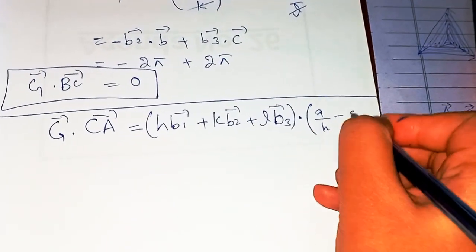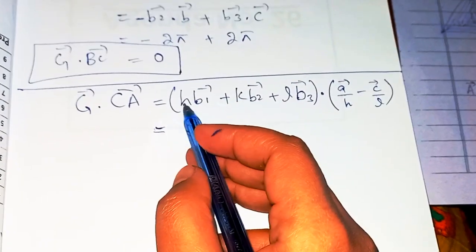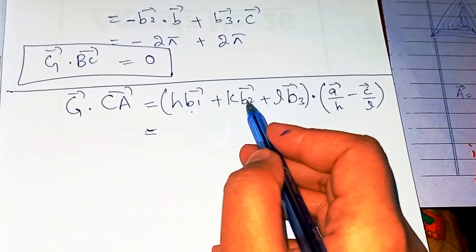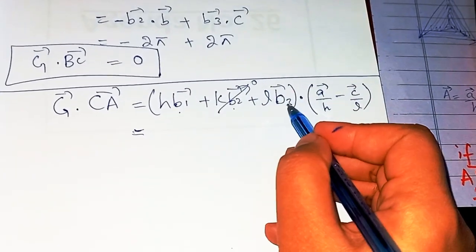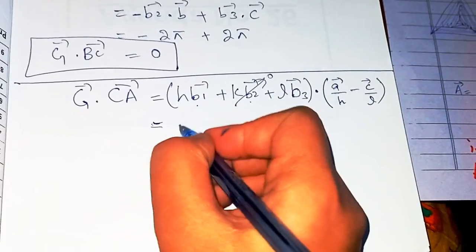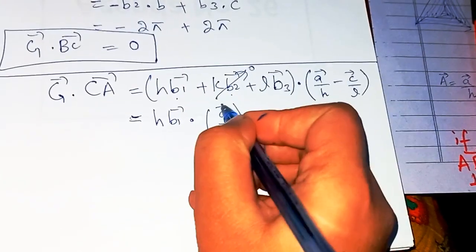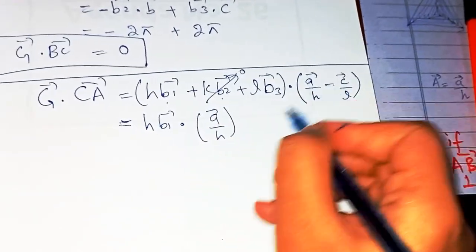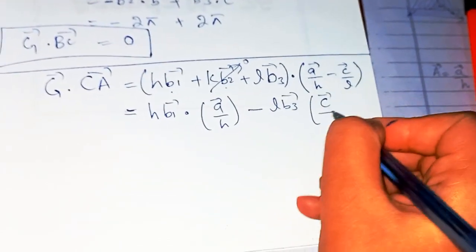Let's find out the dot products. So b1 with a, b2 with b, since b is not here this goes to 0, b3 with c only. So h b1 dot a by h, then we have minus minus, so l b3 dot c by l.